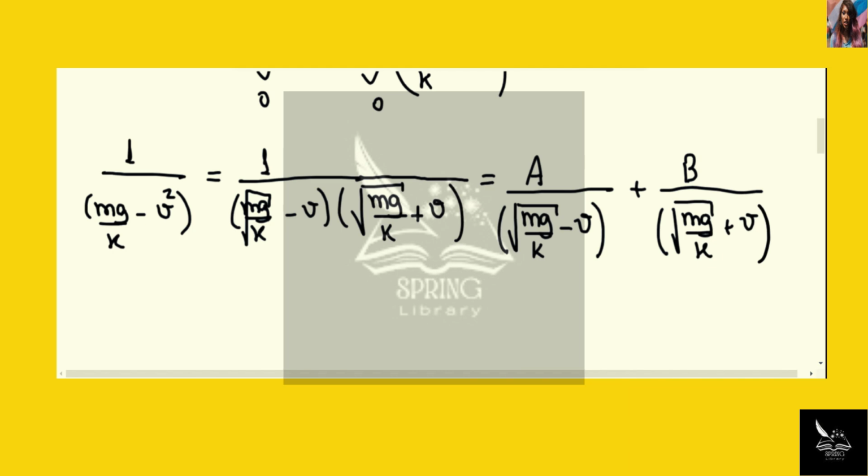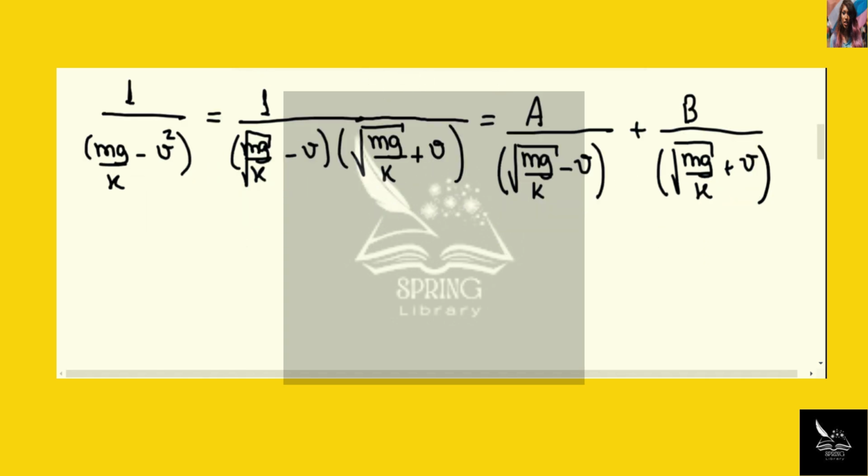You can check that this equation has a solution if a equals b equals 1 over 2 times the square root of k over mg.